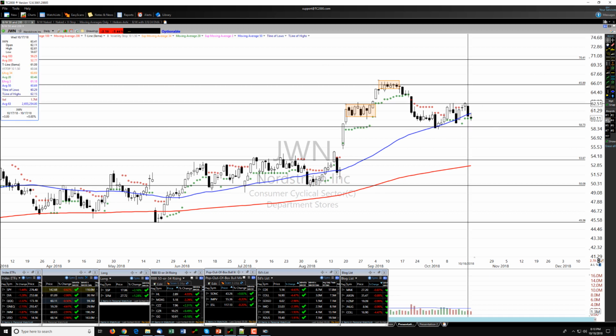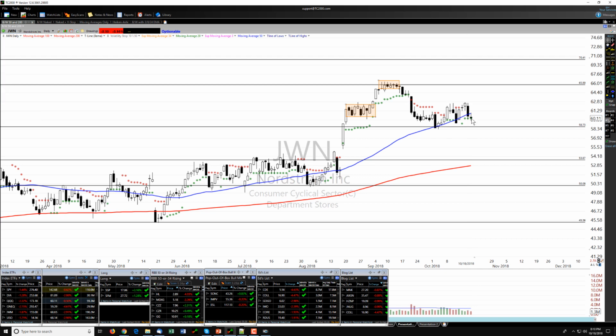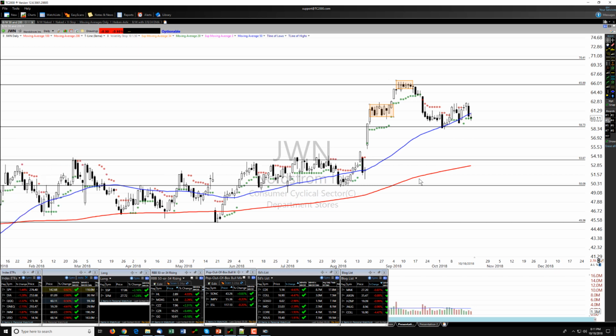There's the highs. It's testing right now the V-stops that I have set. I would probably wait for a breakout here. We're looking at something like 10-11% in there for that trade.